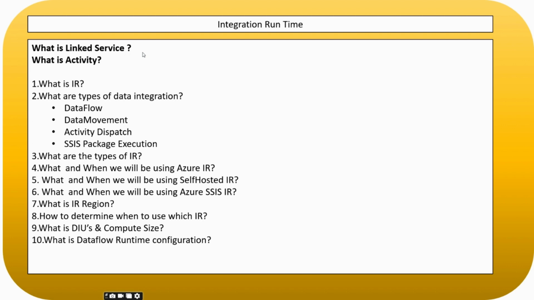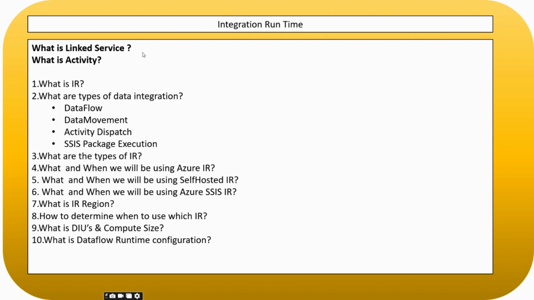Coming to the next question: what are the types of data integration? First we know what IR is. Then we should know in what scenarios, and for what data integration types, my IR is supported or not. These are simple things we should be aware of before designing a pipeline.